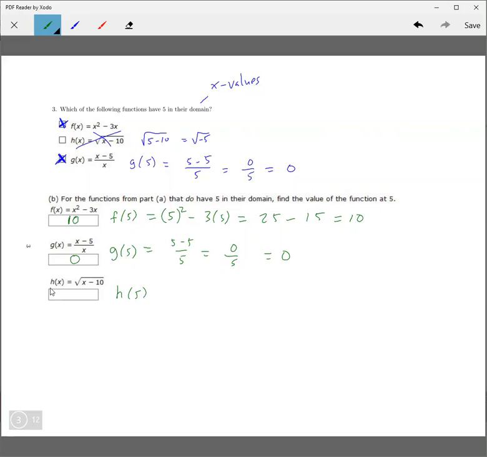So the instructions say to write undefined in the box there, because if you try to calculate it, you get that, which is not allowed. No complex non-real numbers allowed. Okay, so that's number 3.